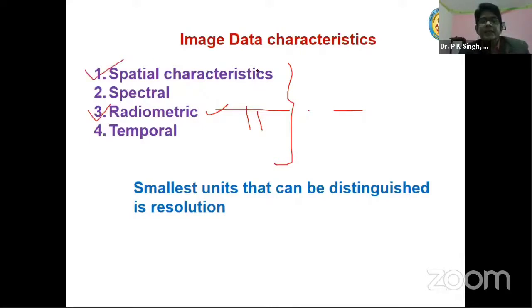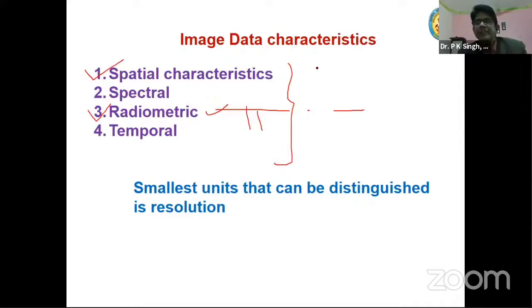Spatial characteristic. What is spatial resolution? Spatial resolution means the smallest part you can see using that image. High resolution means the pixel size will be smaller, so you can differentiate between two objects which are quite close to each other. For ETM data, what is the spatial resolution? It is 30 meters. It means all the information in the 30 by 30 grid is read as one piece of information.